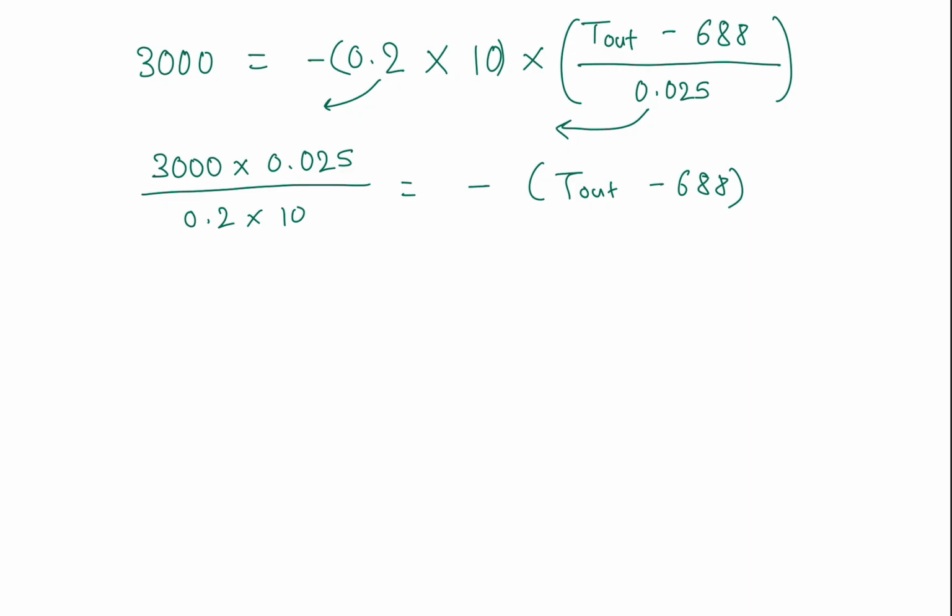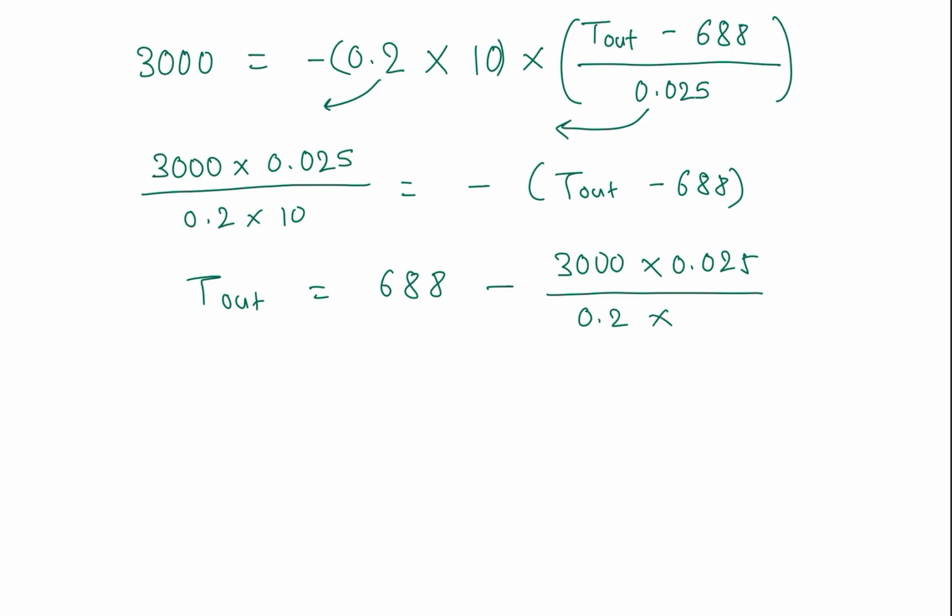So we have the equation T outside equals 688 minus 3000 times 0.025 divided by 0.2 times 10.